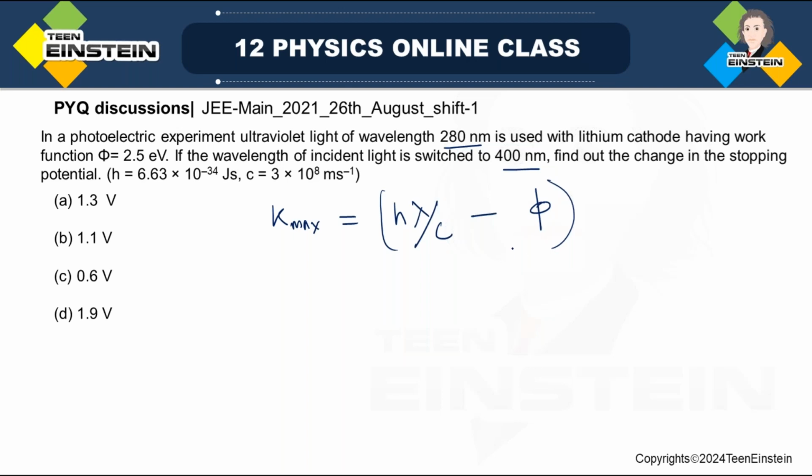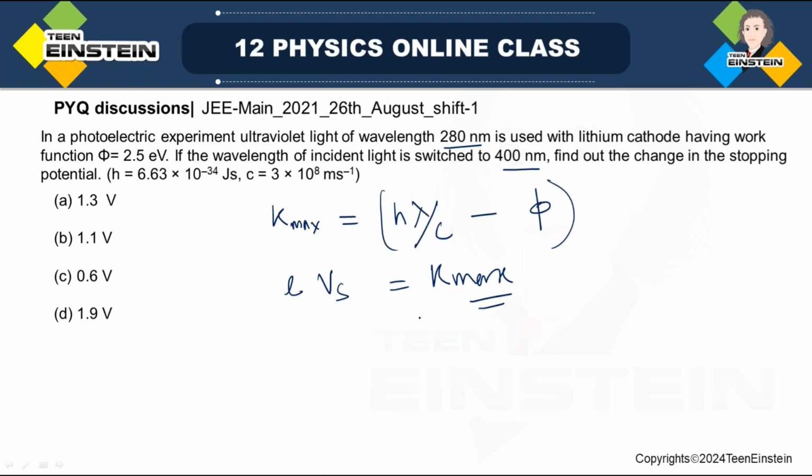All right, so this is actually the photoelectric equation. Here we have to actually find out the difference in the stopping potential when the wavelength changes from 250 to 400 nanometer. So it is very simple. See here, stopping potential is actually written as eVs is equal to Kmax.